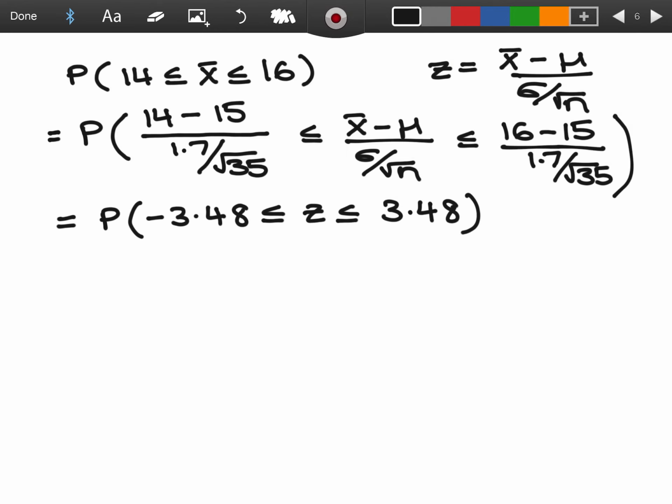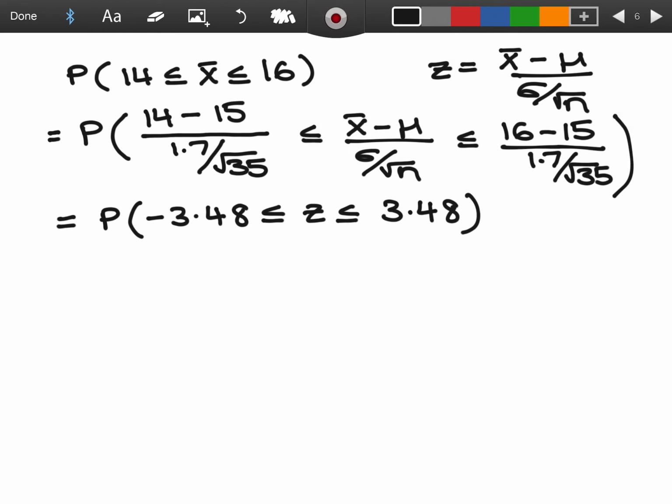So they're looking at a sample mean between 14 and 16, and the population mean lies right in the middle. So you should end up with a positive and negative of the same number here. It doesn't always happen, but it happens a lot of the time. So we want the probability that Z lies between negative 3.48 and 3.48.